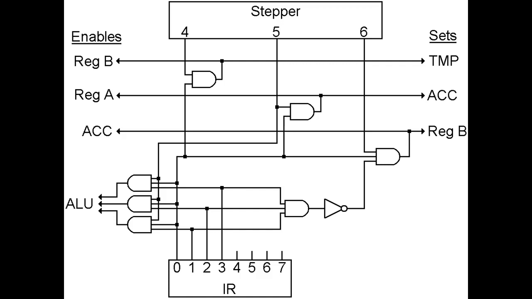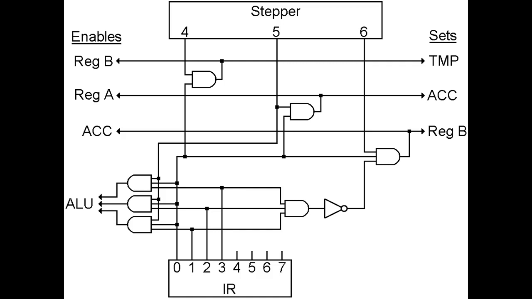So in step 4, we prepare TMP. In step 5, we set reg A on the bus. Now both our inputs to the ALU are properly set. The ALU is always doing its computation in the background, and we are setting the result in the ACC here. In step 6, we are enabling the ACC and storing its result in reg B to save it.